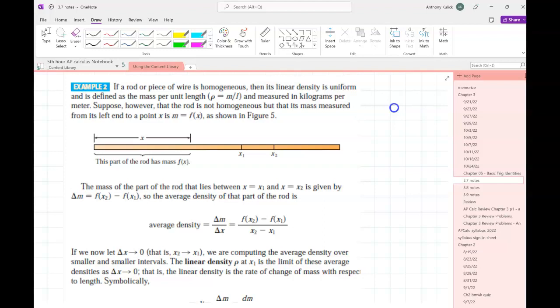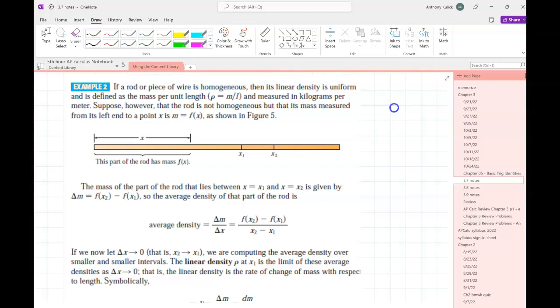Suppose, however, that the rod is not homogeneous, but that its mass measured from its left end to a point x is f of x, as shown in figure 5. The mass of the part of the rod that lies between x1 and x2 is given by delta m, which equals f of x2 minus f of x1.